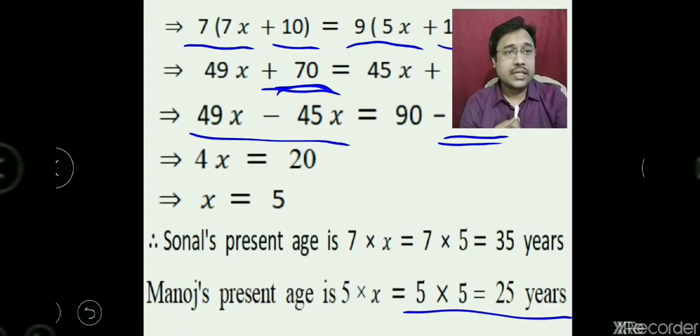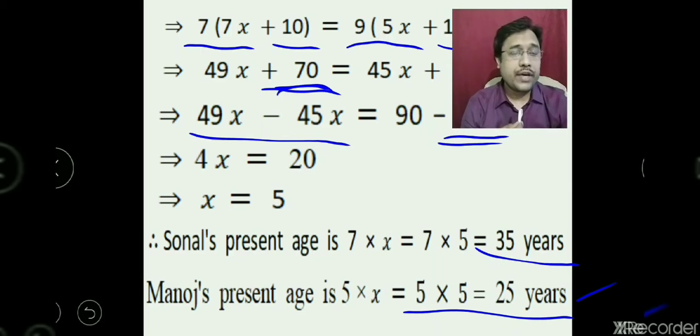So this is the answer. You can check also: after 10 years Sonal will become 35 plus 10, 45, and Manoj will become 25 plus 10, 35. So the ratio between 45 and 35, what will you get? 45 by 35. So 5 into 9, 5 into 7.